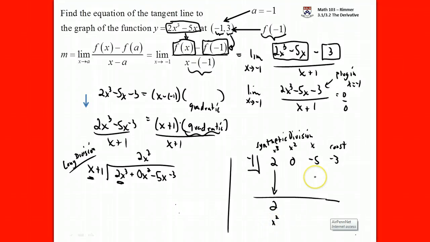Now here's how this process works for synthetic division. Whenever you get something that's below this line, immediately above it and to the right, you multiply it by this number here, which you're saying is the root. So I multiply by -1 and I get a -2. Over here, I get 2x cubed plus 2x squared.